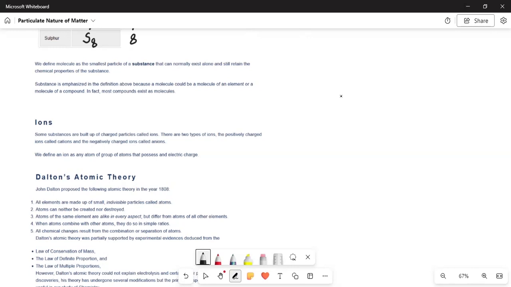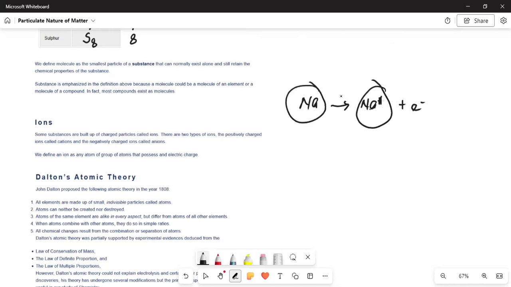Now, the question is, how does this charge come about? From our previous class, we said that metals ionize by losing electrons. Why do non-metals ionize by gaining electrons? Now, when an electron is lost from a metal, the result is a charged particle. For example, when sodium loses an electron, the number of electrons is no longer equal to the number of protons.